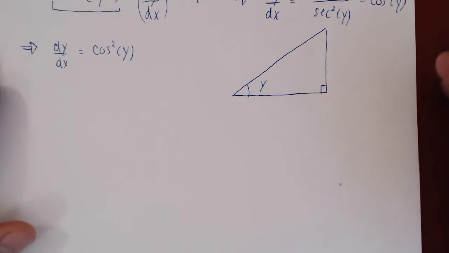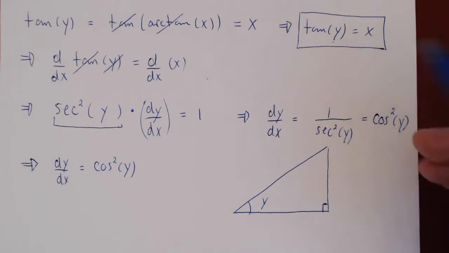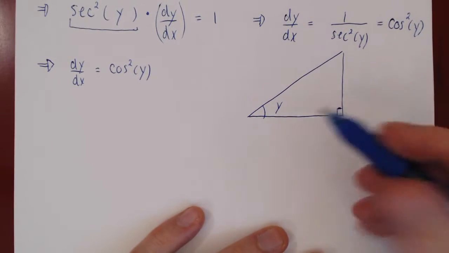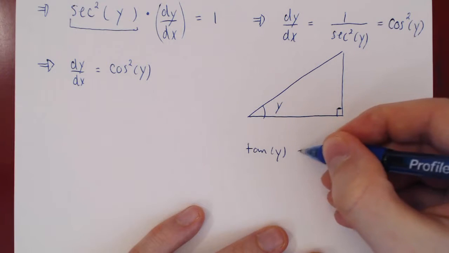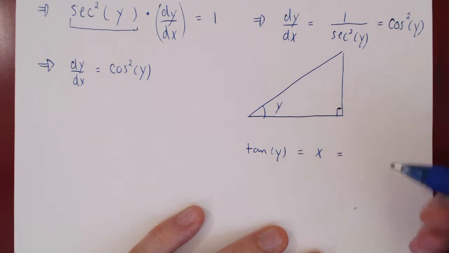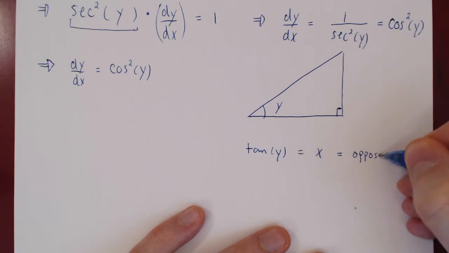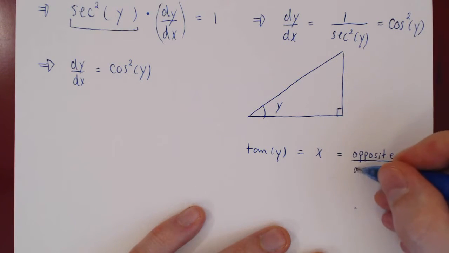And now you say, well, how do we complete this triangle? Well, let's go back. Tangent of y was equal to x. But if you remember, tangent was SOHCAHTOA, the opposite side over the adjacent.